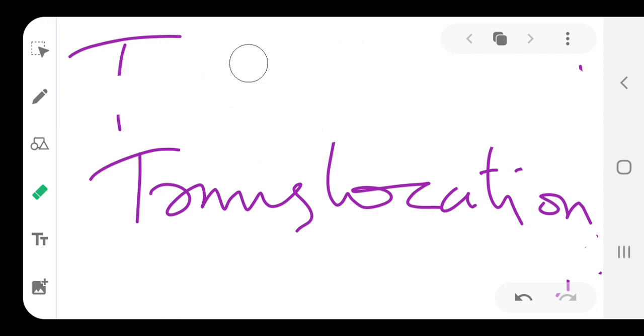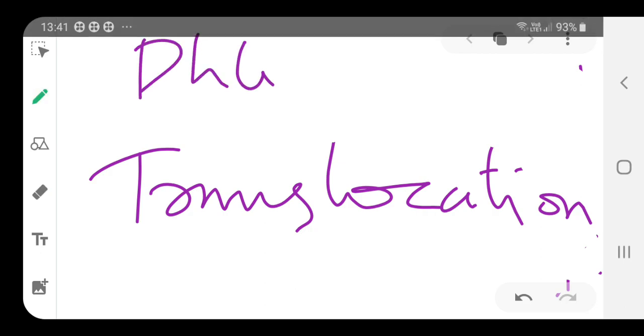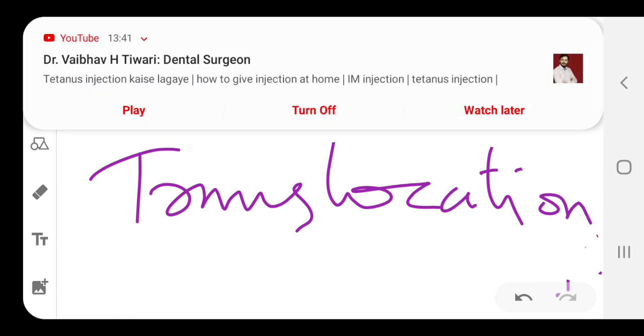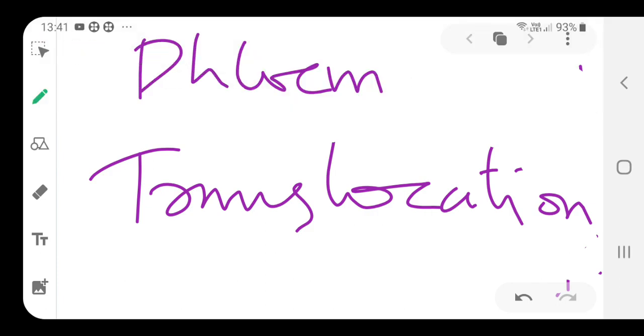Now for translocation, the tissue involved, I have told you earlier, is phloem, and under this tissue called phloem, we have various parts. So write down the names of phloem tissues or the cells of phloem tissue. The first one is sieve tubes.